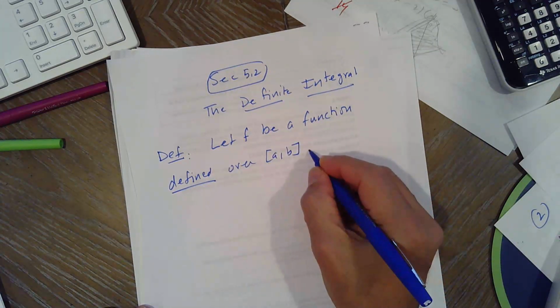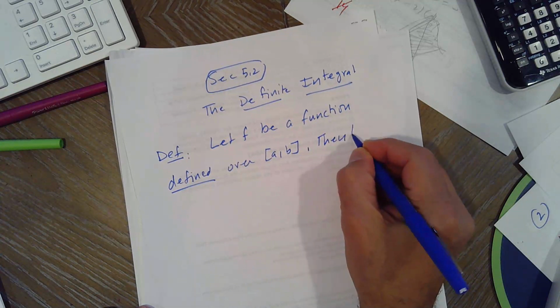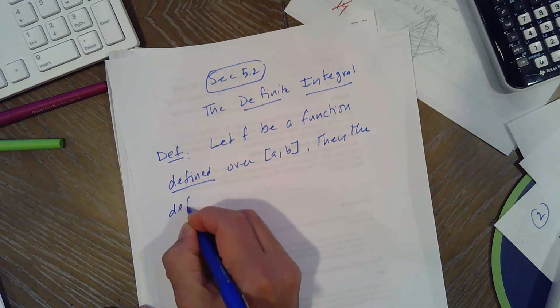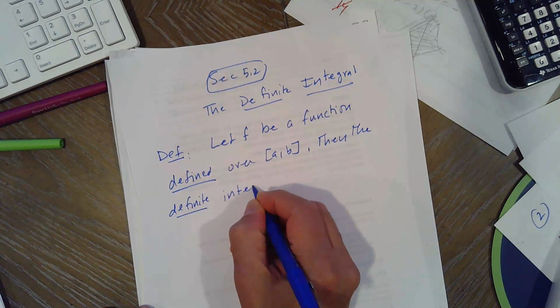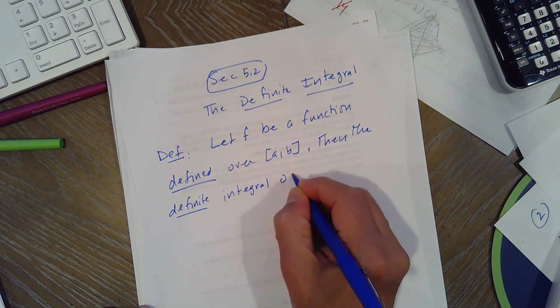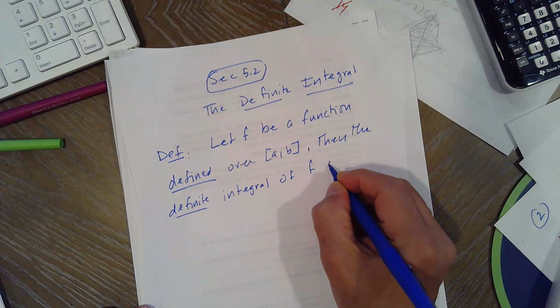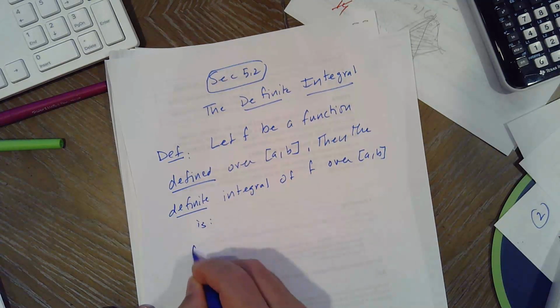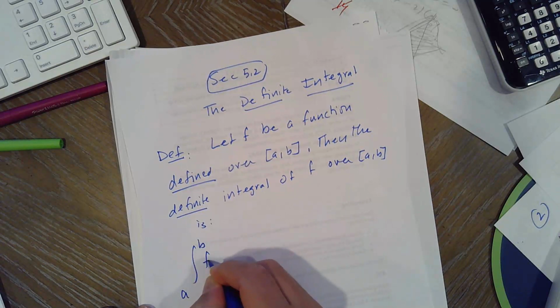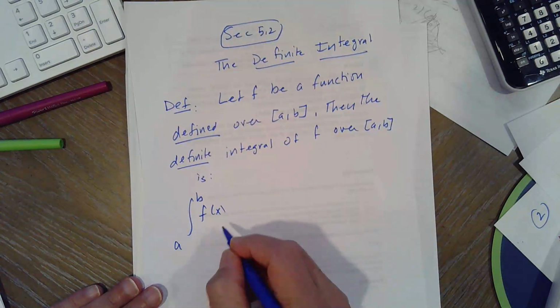No continuity is needed. Then the definite integral of f over [a, b] is a definite integral. That's how we write it down.